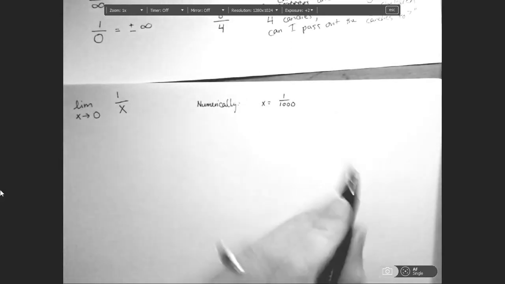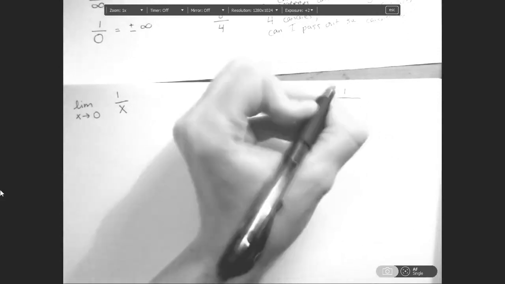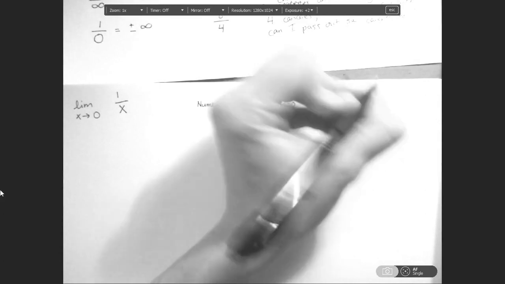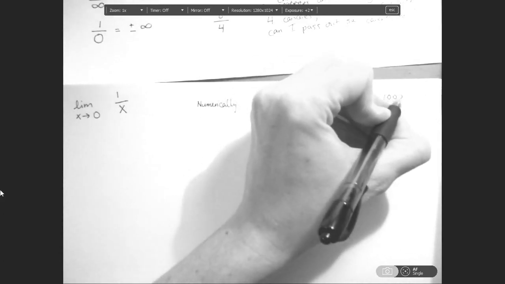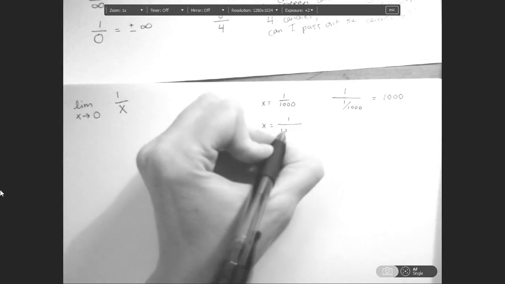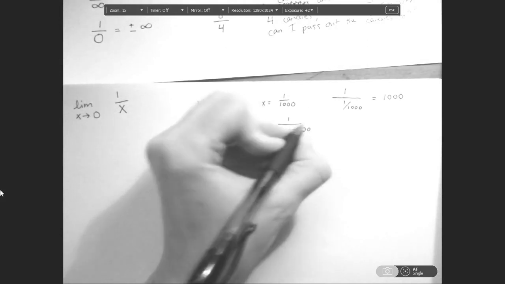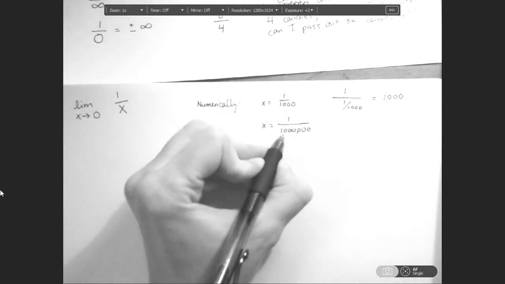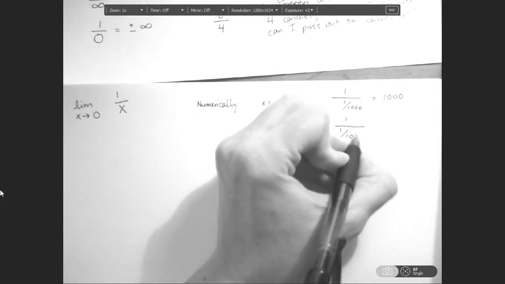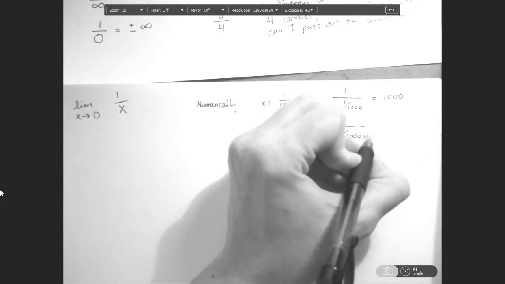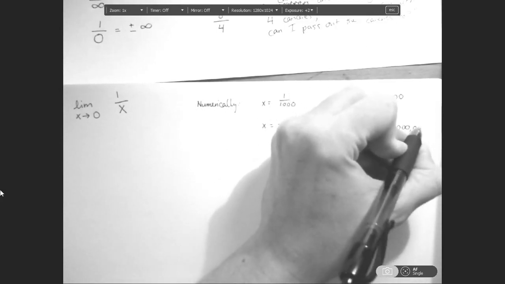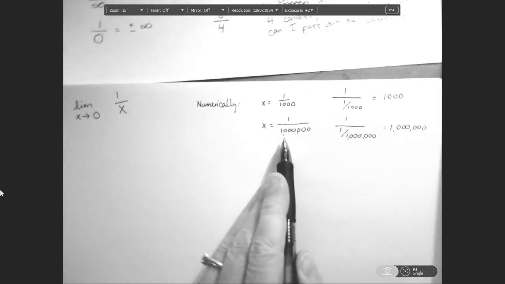When I plug that in, I get 1 divided by 1/1000th, which simplifies to 1000. And if I plug in an x value equal to maybe 1/1,000,000th, I get 1 divided by 1/1,000,000th, which is going to be a million.